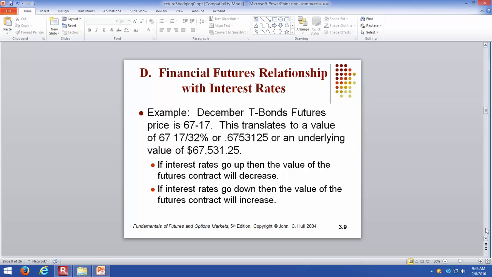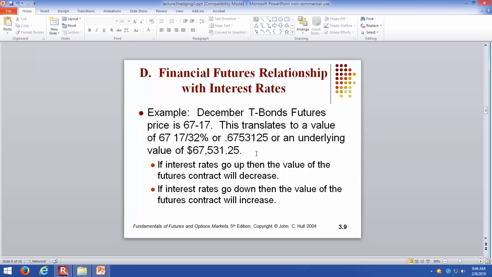Okay. Now, what happens if you look at a financial futures relationship with interest rates? We are talking about a December T-bond futures contract. The price is 67-17. So if you remember what you did in the case of bonds, typically what we assume is that the prices are quoted in 32nds, and that is 67 and 17 by 32, or 0.6753125, or the price here is going to be $67,531.25.